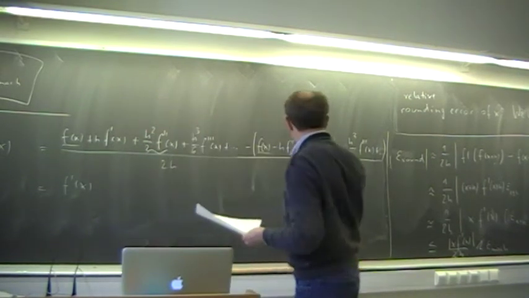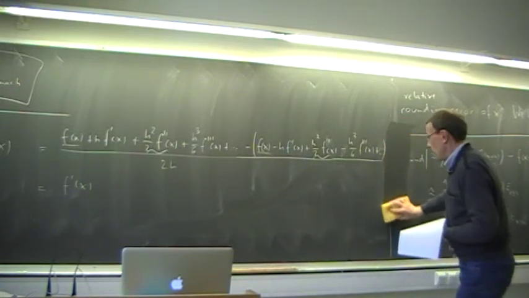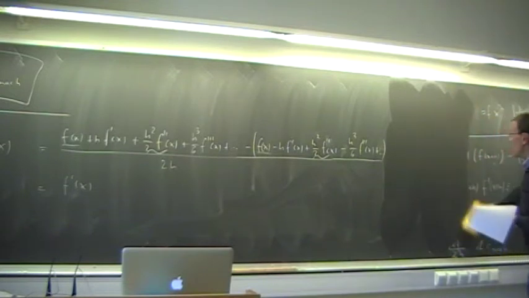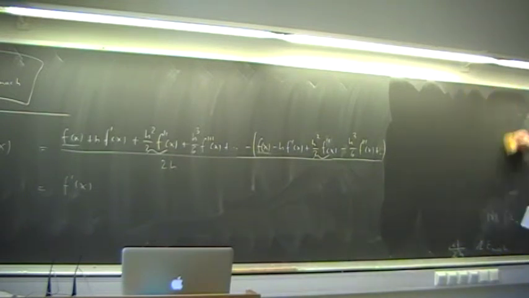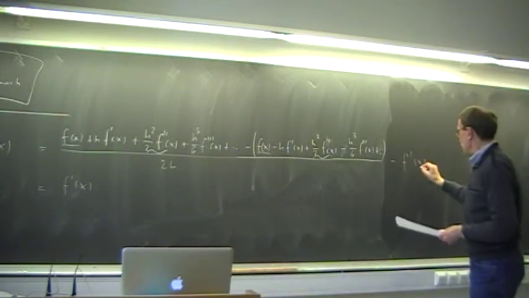let's see, I've forgotten one thing. Now we have taken into account everything regarding the finite difference approximation. But to get the truncation error, we have to subtract the exact first derivative. So we have here minus f prime of x.